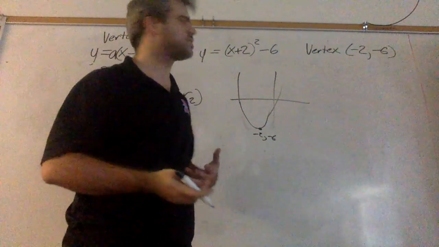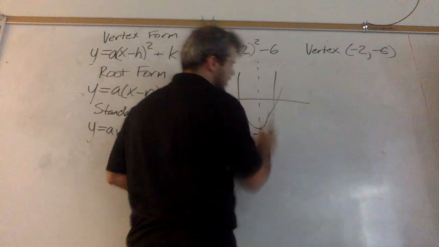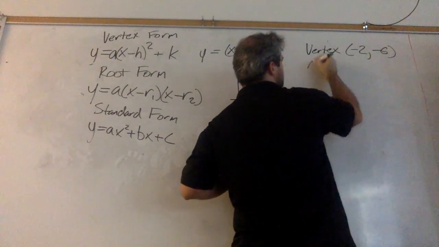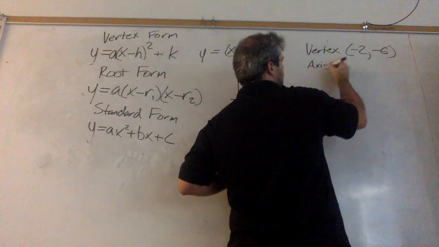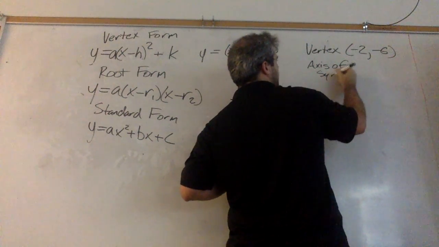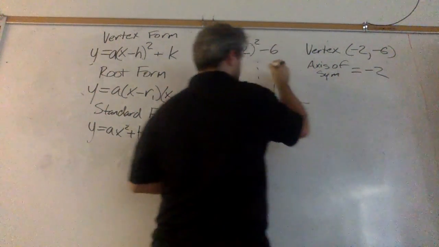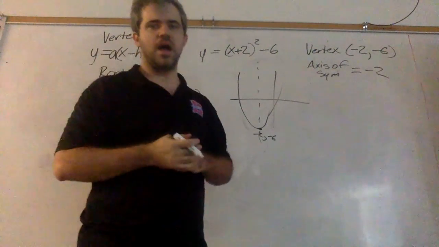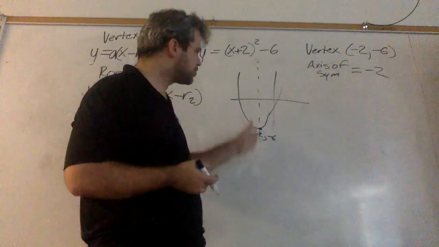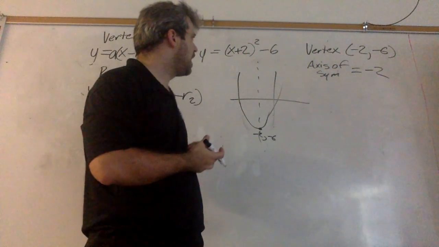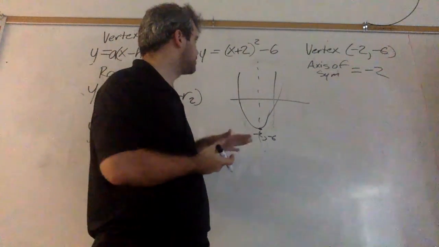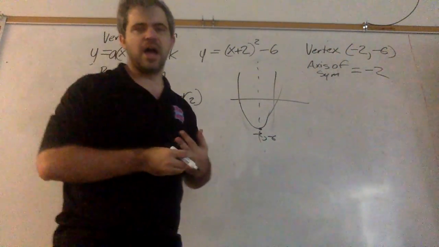Which means the axis of symmetry is going straight through here. So the axis of symmetry is going to be -2. So now that we have that axis of symmetry and the vertex, let's see what else we can find.